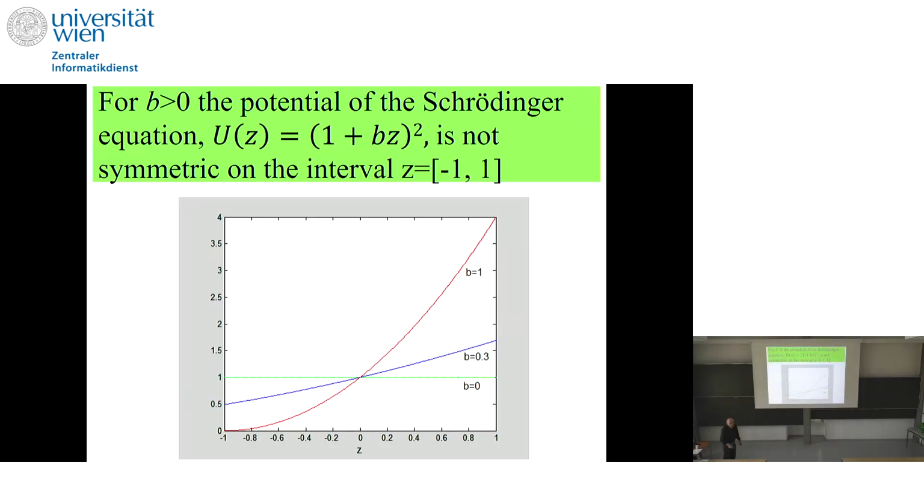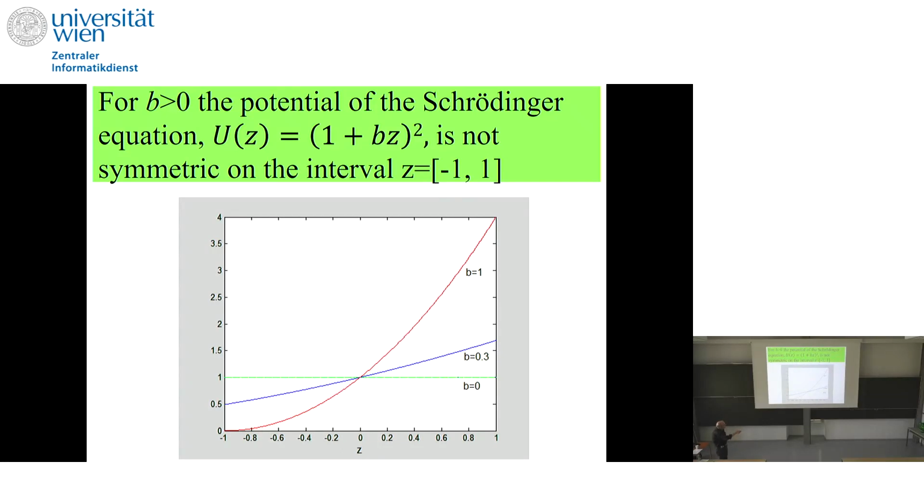Just to show you what I meant, this is one special case, B equal to 0. This is the potential as a function of Z. This is B equals 0.